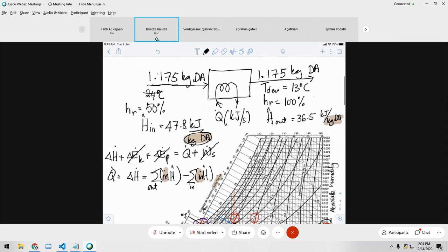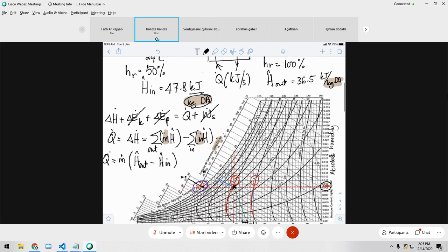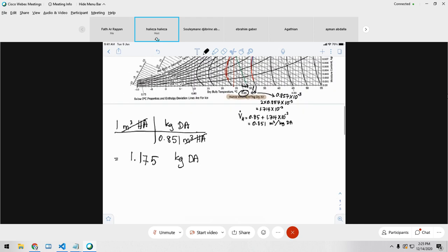So since the amount of dry air is the same, we take out the amount of dry air. We're just going to have the bracket of specific enthalpy out minus the specific enthalpy in. So we have the amount is still the same for the dry air, so we take it out of the bracket. So that's your amount of dry air, your enthalpy out minus your enthalpy in.